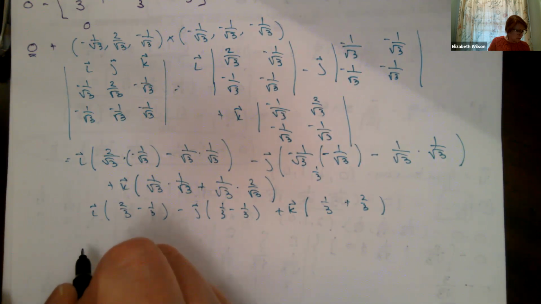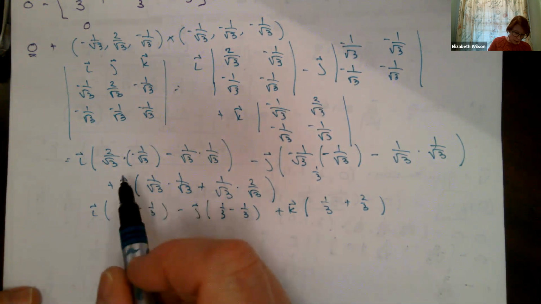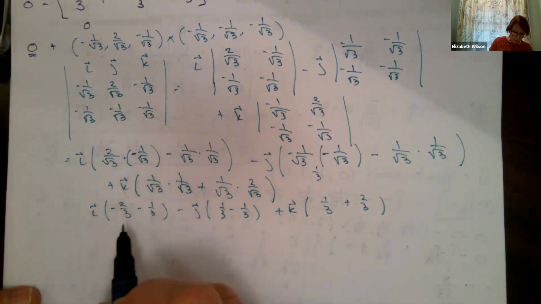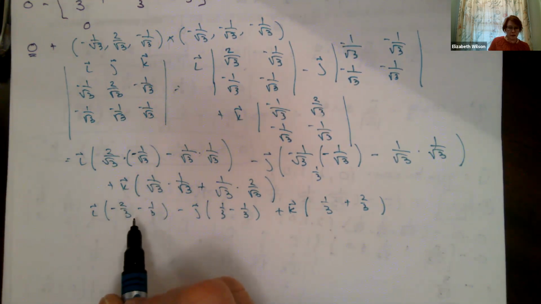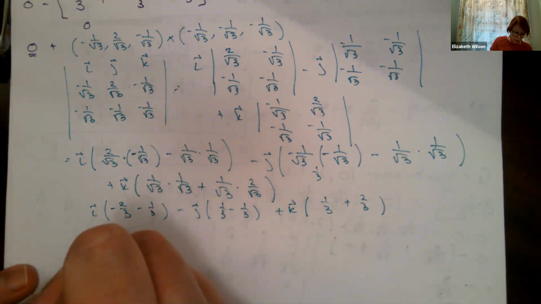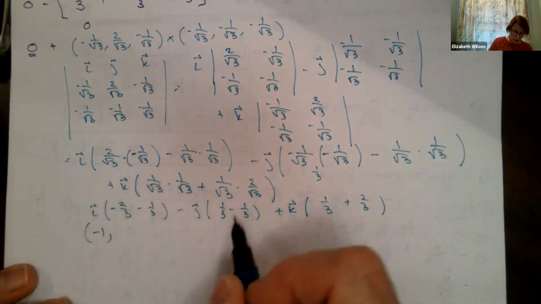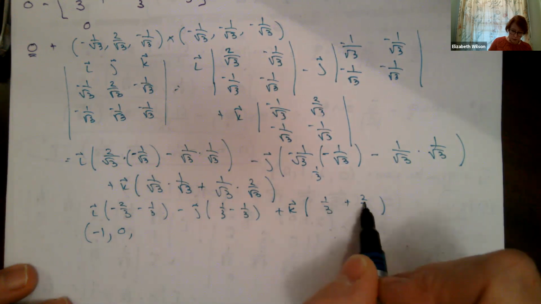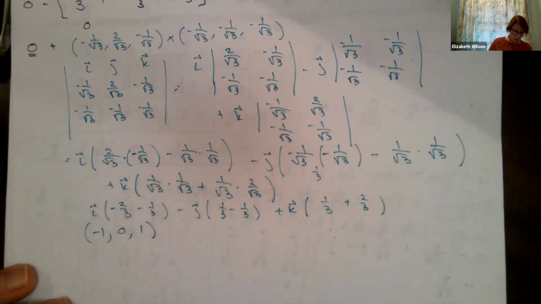So I'm going to get, oh, sorry, I dropped the negative. There's a negative. Okay, so this is going to be minus 2/3 minus 1/3 is minus 3/3, which is a minus 1. This is a 0. This is 3/3, which is a 1. Okay, whew, that's the first one.